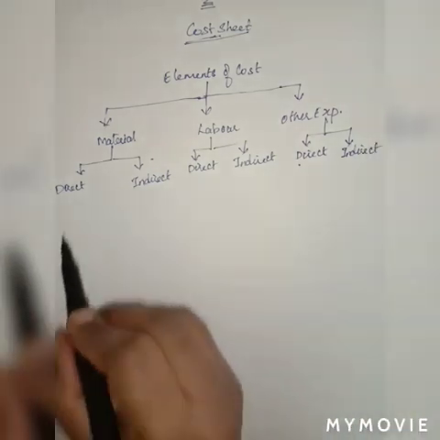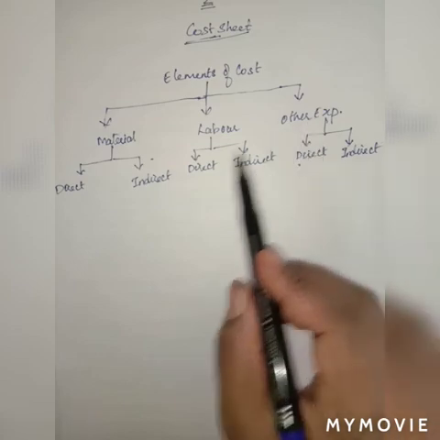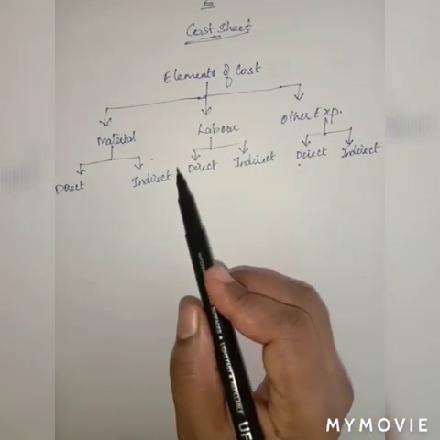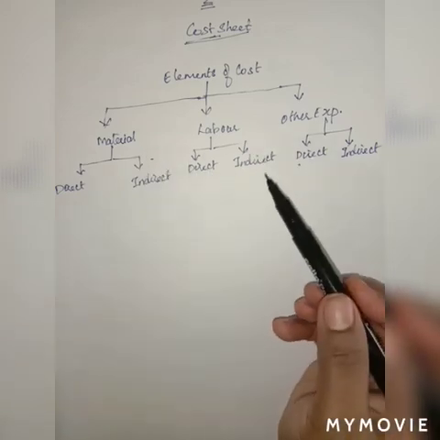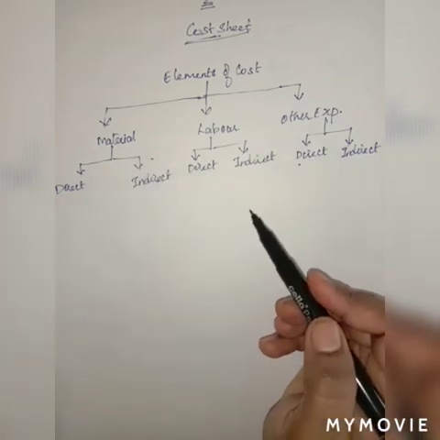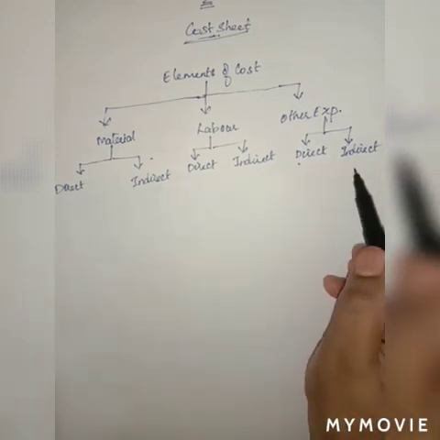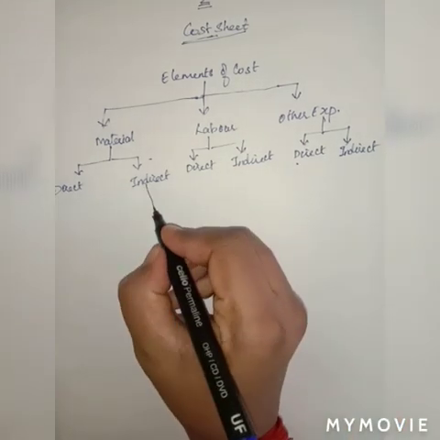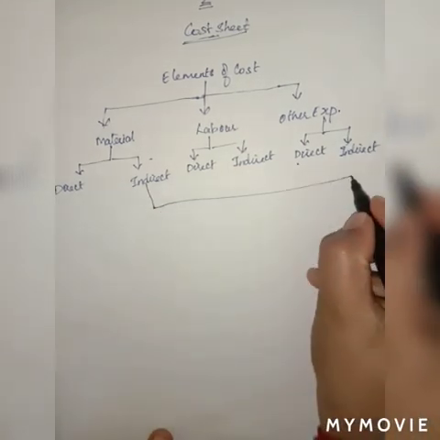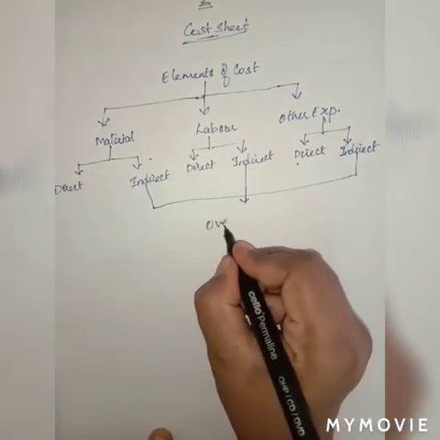Direct material, direct labor, and direct expenses are those which are related with the production directly. So these will be used in the production process directly. And indirect expenses are those which help the production process indirectly. These indirect expenses are technically termed as overheads.